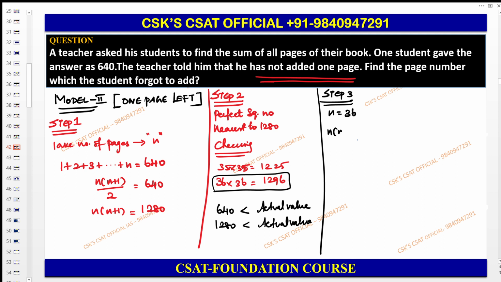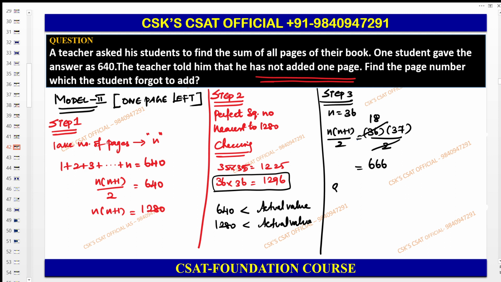Find n into n plus 1 by 2. Which is equal to 36 into 37 by 2. Cancel this, we get 18 here. Now 18 into 37 is 666. This is the final one.